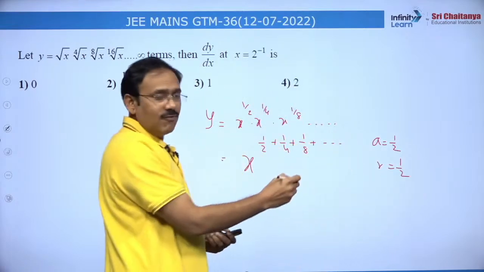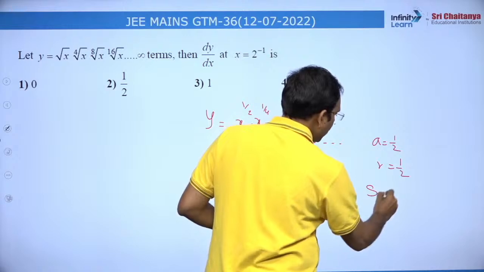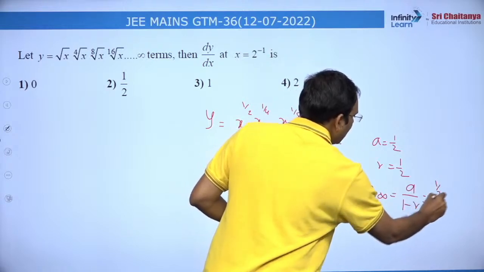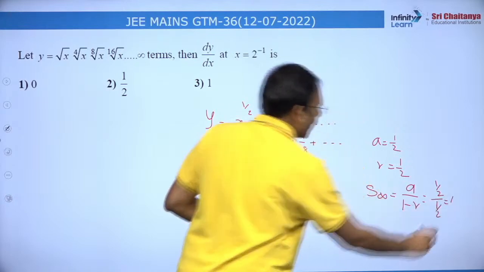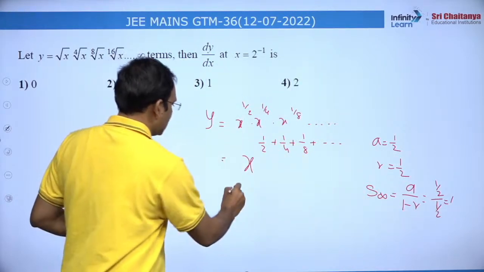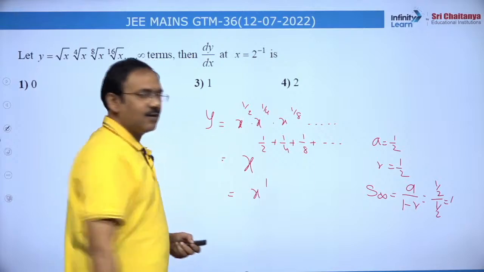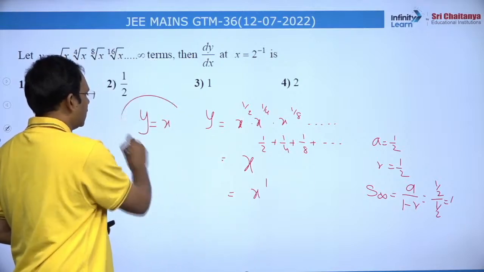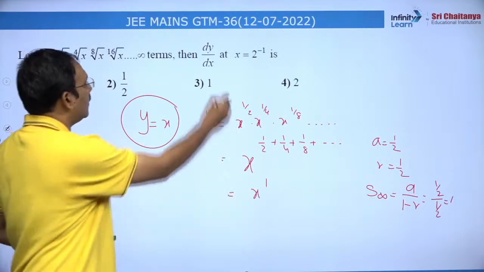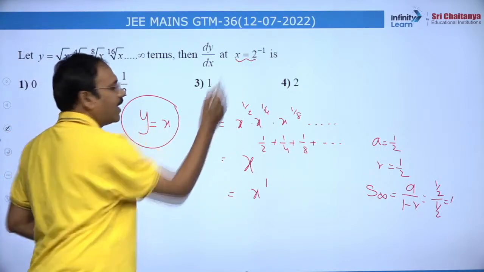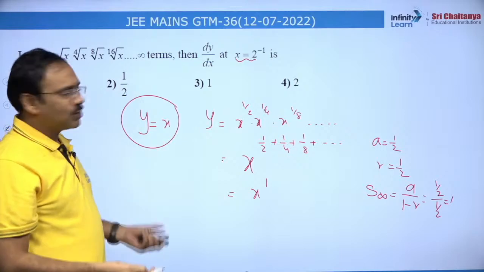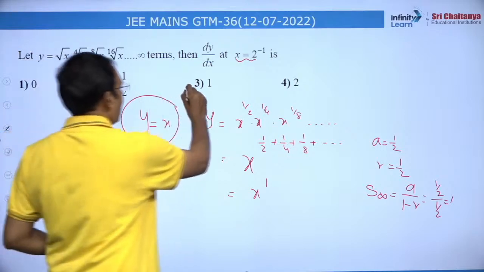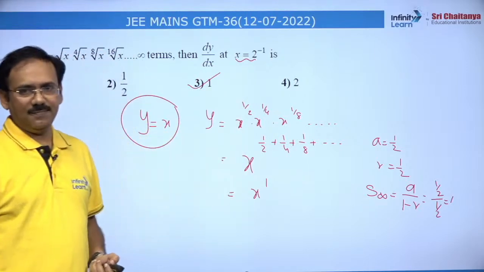So the sum of infinite terms, S infinity, is a by 1 minus r, which is (1 by 2) by (1 by 2), which is 1. So this is x power 1, and hence the function is nothing but y equals x. He is just asking dy by dx at some x value; dy by dx is 1. Whatever x is taken, the derivative is 1. So we can say the answer is option 3.